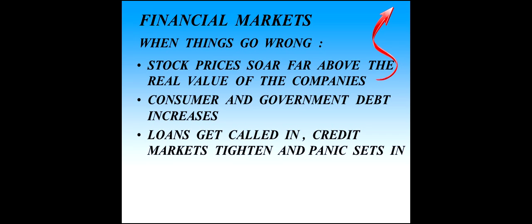If you read the fine print, most banks have in there the right to call in a loan whenever they see fit. And when they do, you have to have the money. You can't negotiate your way out of that. And they usually are calling it in for a reason in terms of market conditions. So banks get nervous, financial institutions get nervous, they call in loans. That tightens up the credit market.